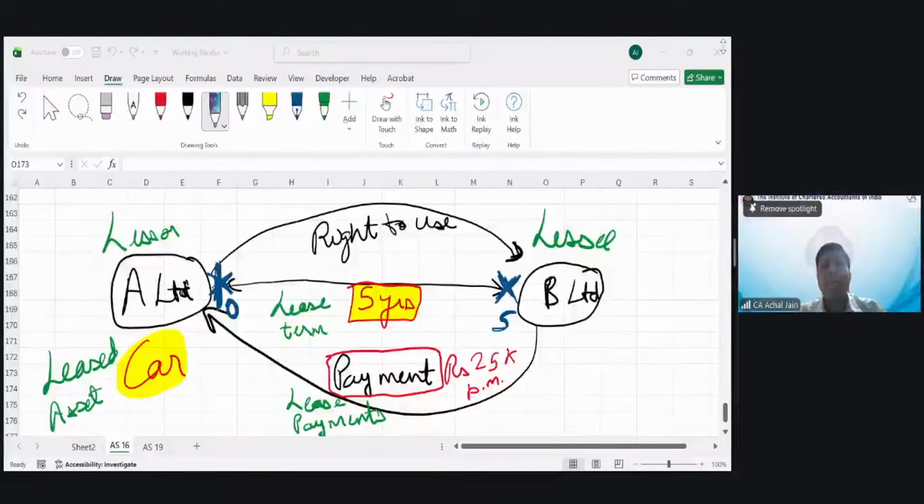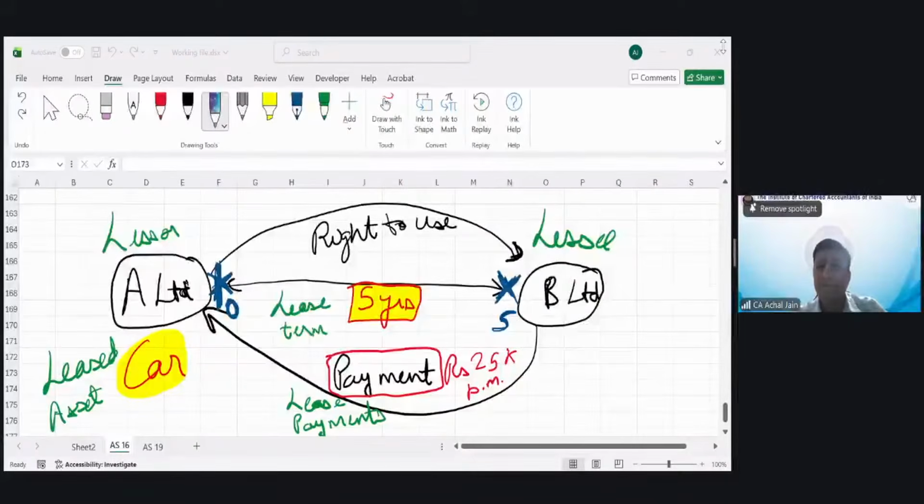There's a concept called residual value. Do you know that? Can somebody explain the concept of residual value? In case of PPE, you must have discussed residual value. Can I explain, sir? Yes, please go ahead.